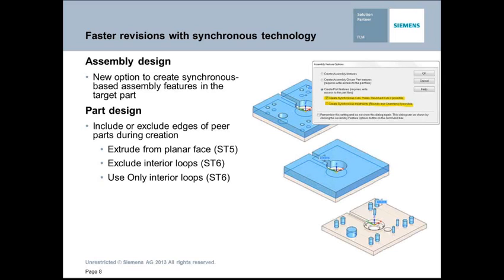We can actually select faces while inside a part from other parts inside an assembly without having to do inter-part copies now. So it's very, very exciting. Not only can we do that from the part, but we can also do it from the assembly level, meaning that we can now create assembly features that are based off of other parts. Quite interesting.